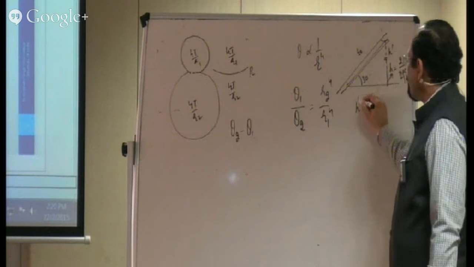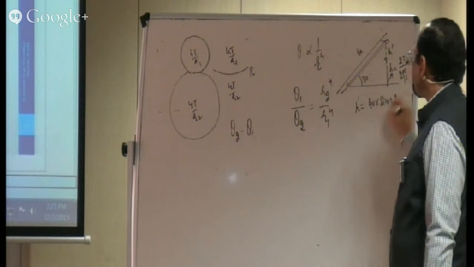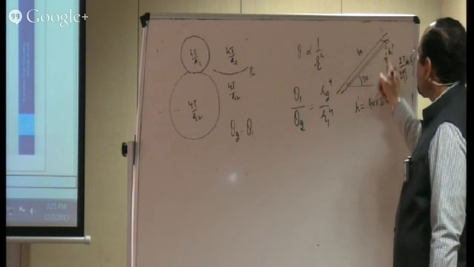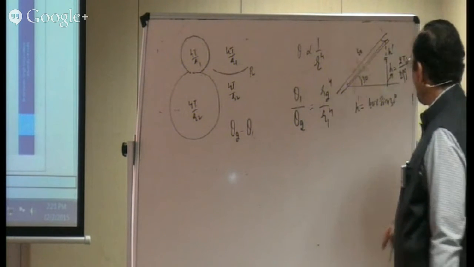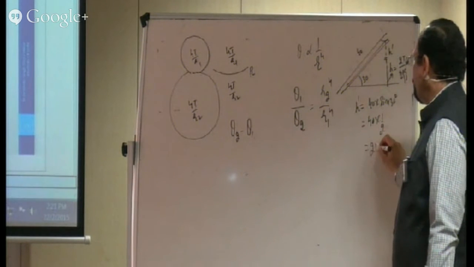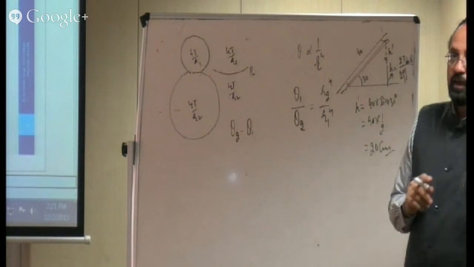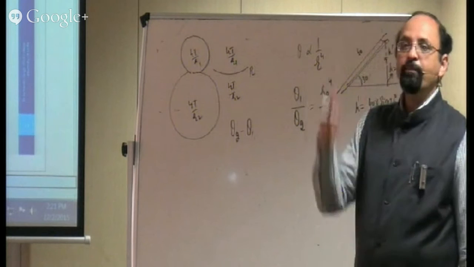This h dash is related to 40 multiplied by sine of 30 degree. Sine 30 is perpendicular to hypotenuse, so sine 30 is half. So 40 multiplied by half will give you 20 centimeter. So we should remember this, that it is a vertical height in the capillary.